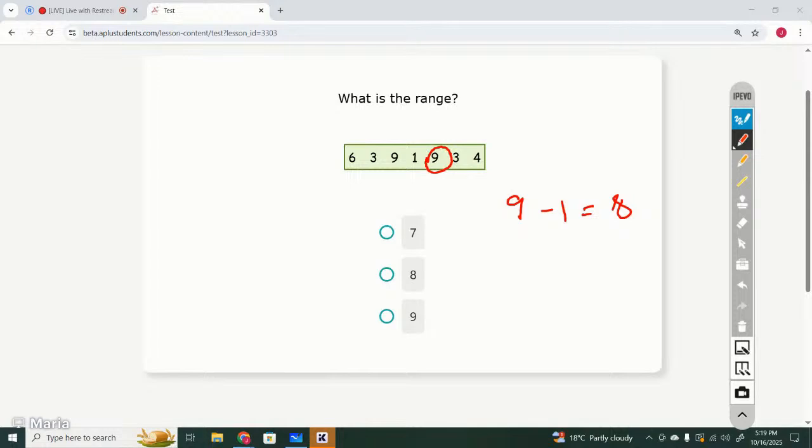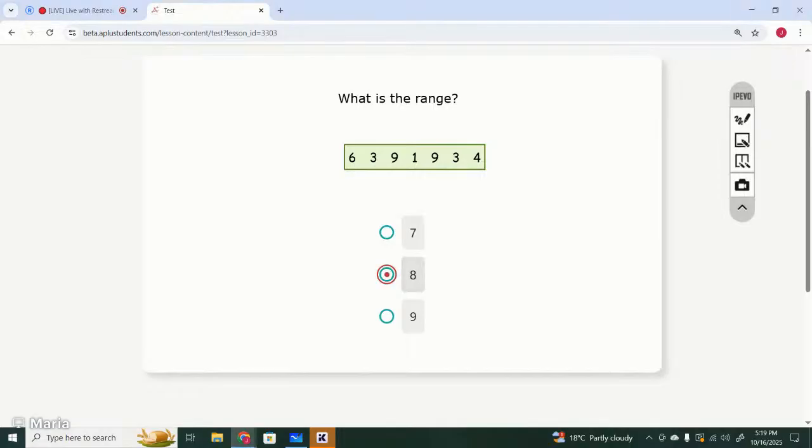The correct option is 8. So range is the difference between the greatest and the least number in the given data. So 9 minus 1 is 8. The correct option is 8. Very good. What is the mode, which is the correct option?